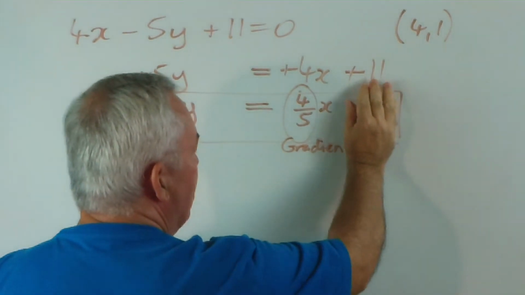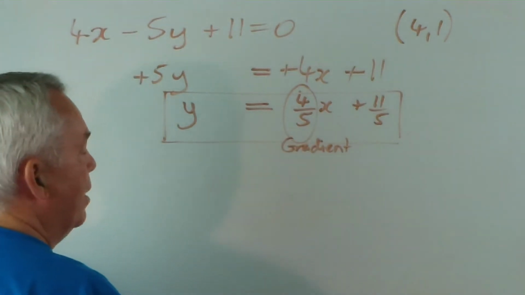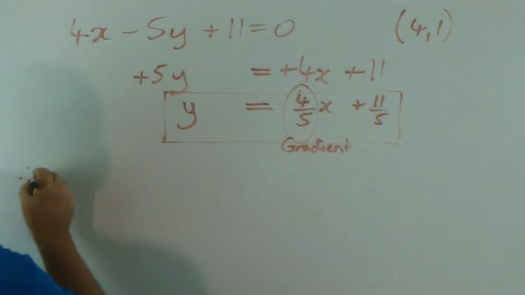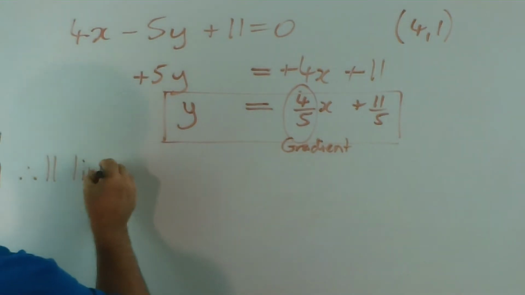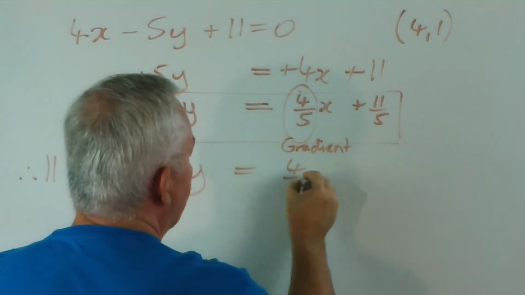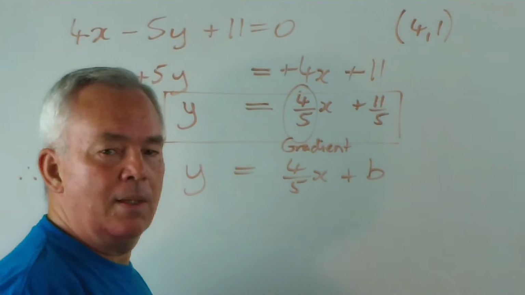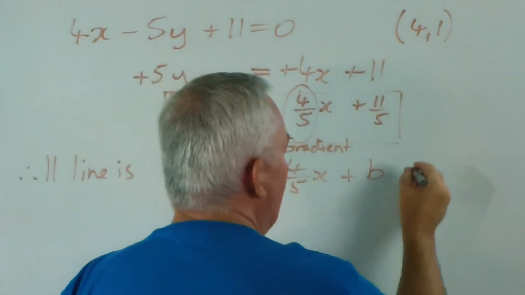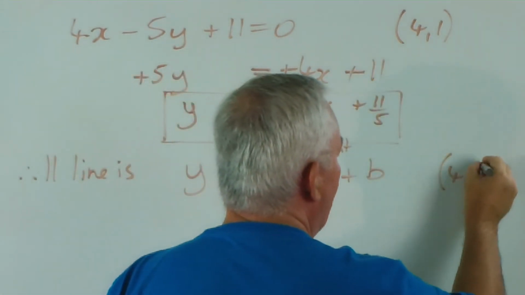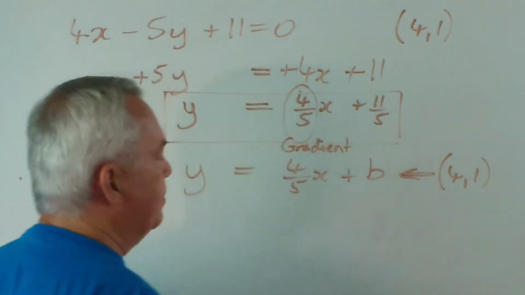That's not so important because we're going to alter that, but we do want a line parallel. So we would say something like, therefore, the parallel line is y equals 4/5 x plus some constant, and we want it passing through this point, so we would get the point (4, 1), or the values, and substitute them into that equation.